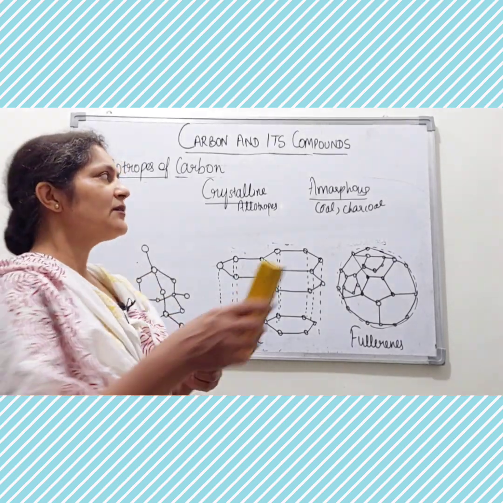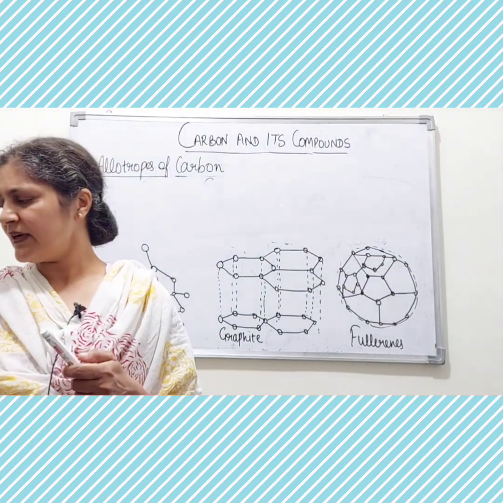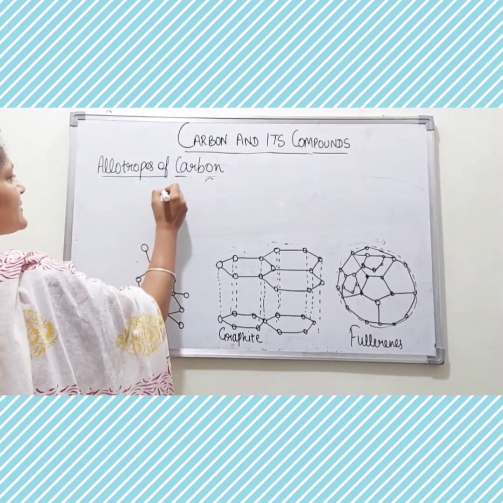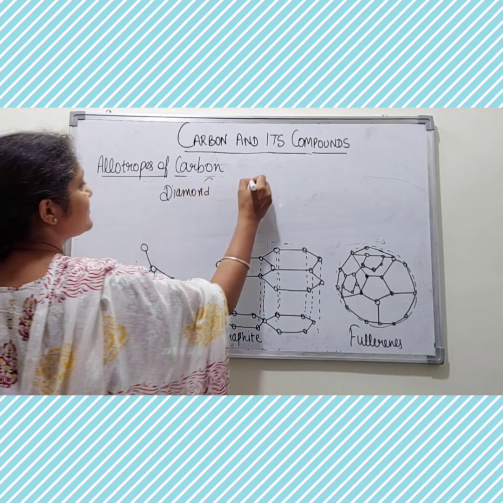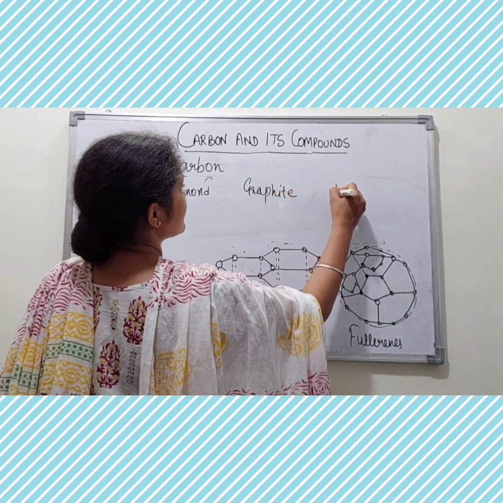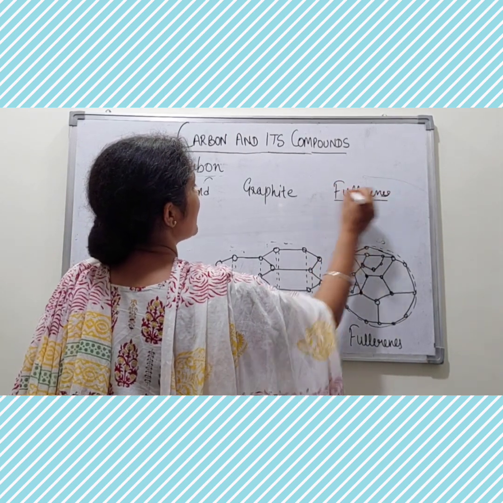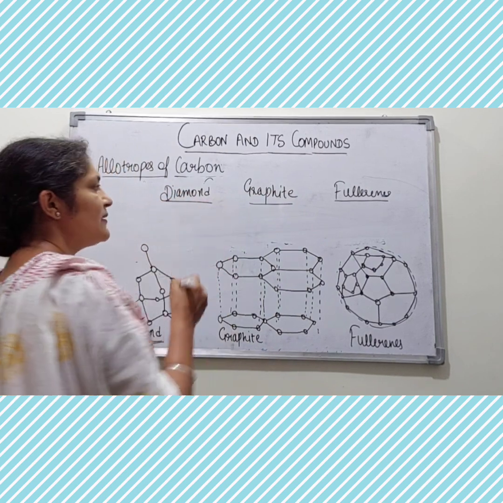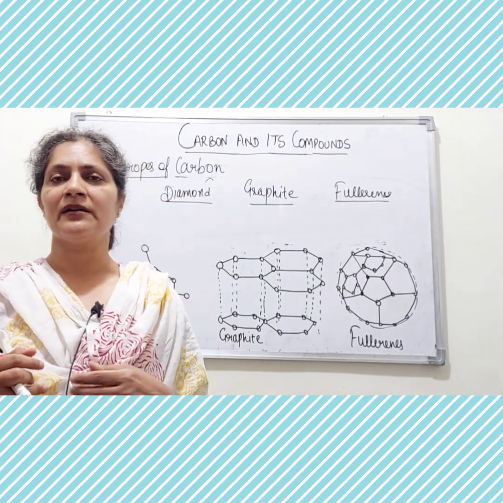There are three crystalline allotropes of carbon. One is diamond, another is graphite, and the third one is fullerenes. As we have defined earlier, the allotropes of carbon have similar chemical properties.